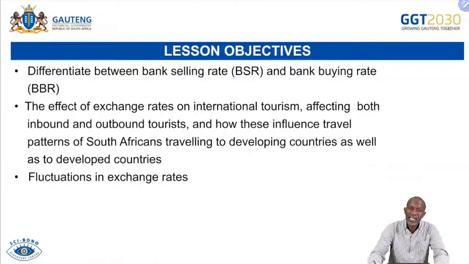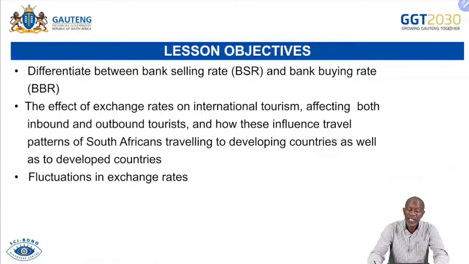As we proceed with the lesson objective, what also you need to know is the difference between bank selling rate, shortened as BSR, and bank buying rate, whose acronym is BBR.